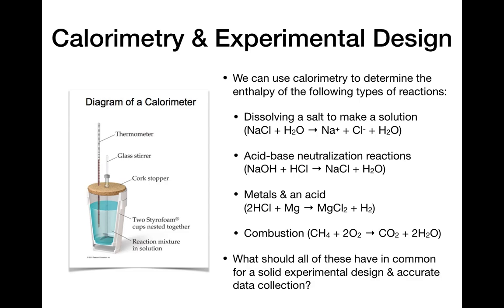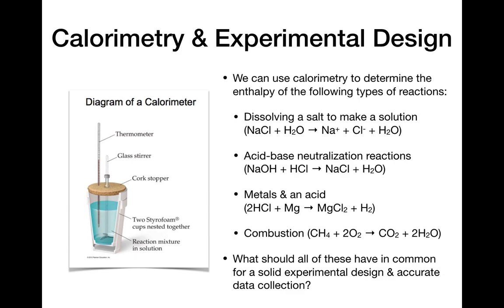So all of these, if I was going to do an experiment to figure out the enthalpy change in any of these kinds of reactions, they should all have certain things in common to have a good experimental design and accurate data collection. What might those things be? Well, the apparatus is definitely one part of it. We have to have a sealed container like in this picture here. Multiple styrofoam cups is ideal.